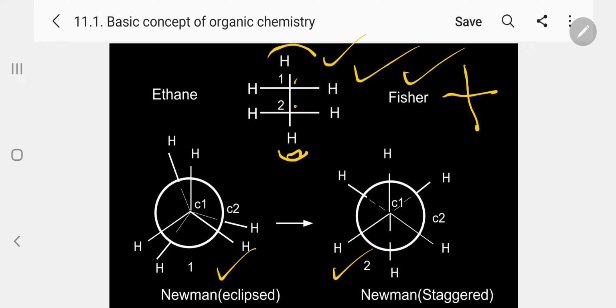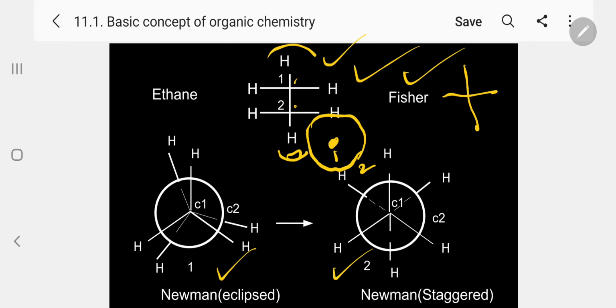According to Newman, carbon 1 should be shown as a point and carbon 2 should be a circle. This is the convention followed by Newman.